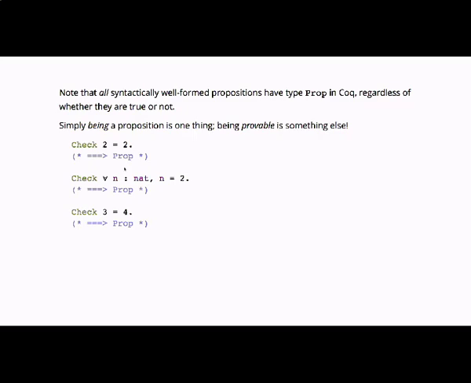So 2 equals 2 is a proposition. For all n, n equals 2 is a proposition. And 3 equals 4 is a proposition. They're all perfectly good propositions. They differ in their degree of provability, but they are all valid propositions. And of course, that's important because we need to be able to write down both true and false propositions so that we can prove the true ones.